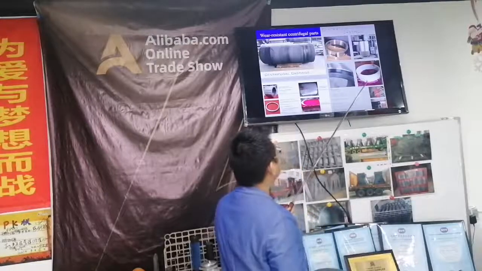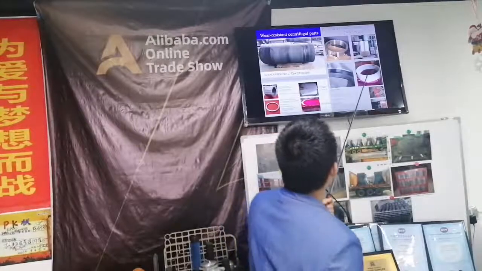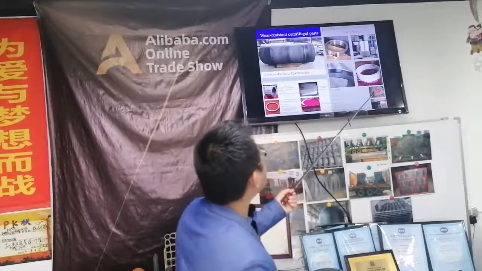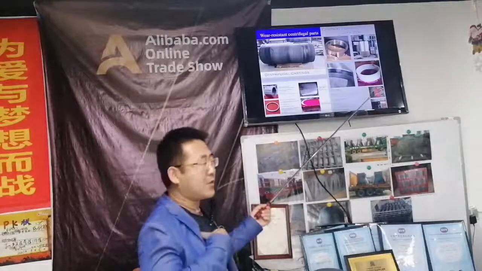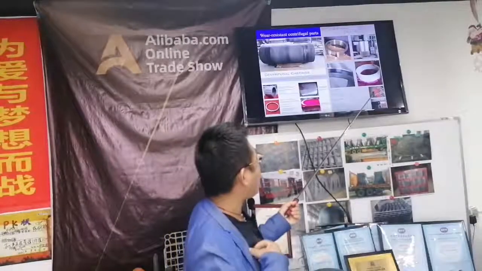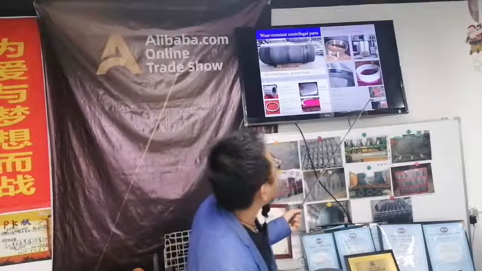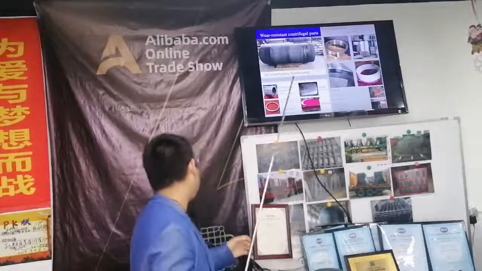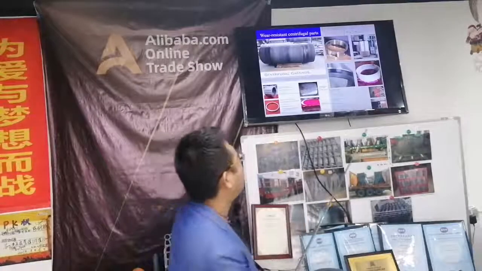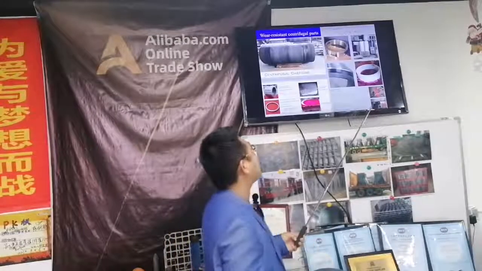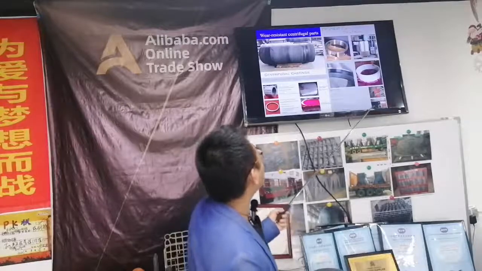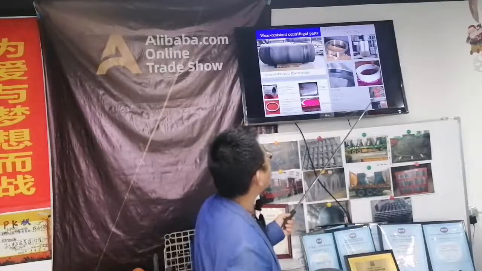And we also do PT test. Like these photos, this is our centrifugal casting rod tube. Just take the tube in our settings.